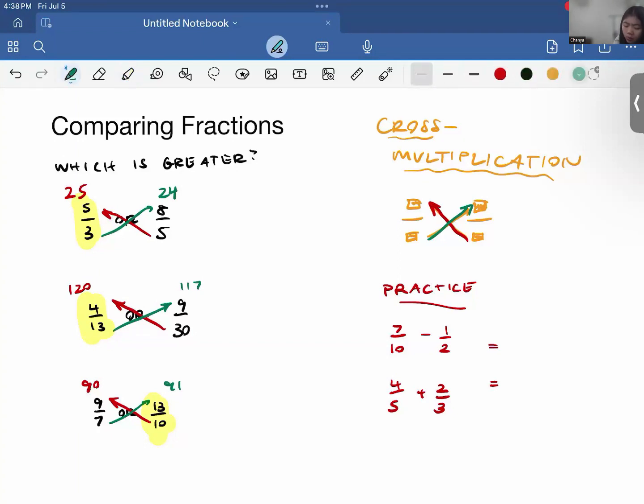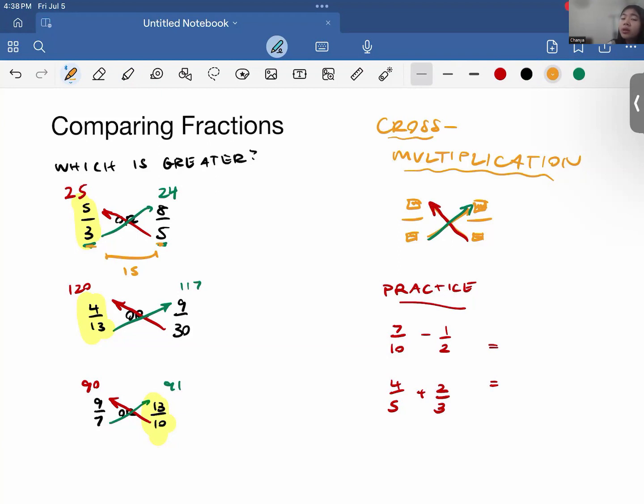So first we need to realize, what's a common denominator between 3 and 5? Well, in this case, a pretty good common denominator would be 15, right? This is basically just multiplying these two numbers together to get a good denominator, okay?